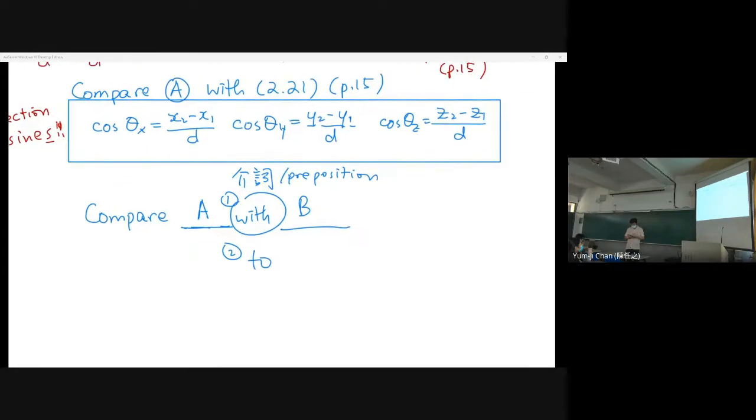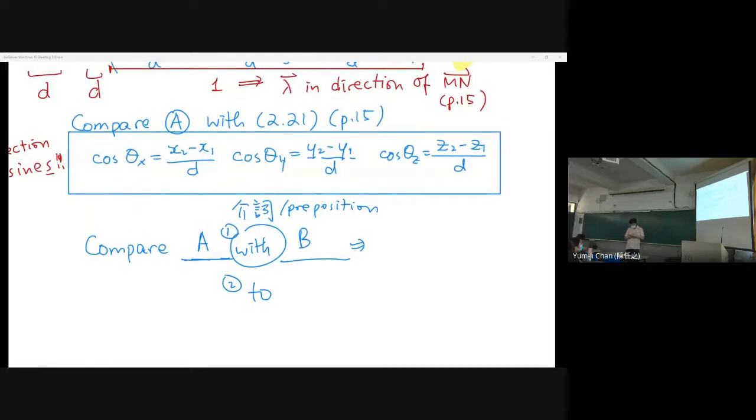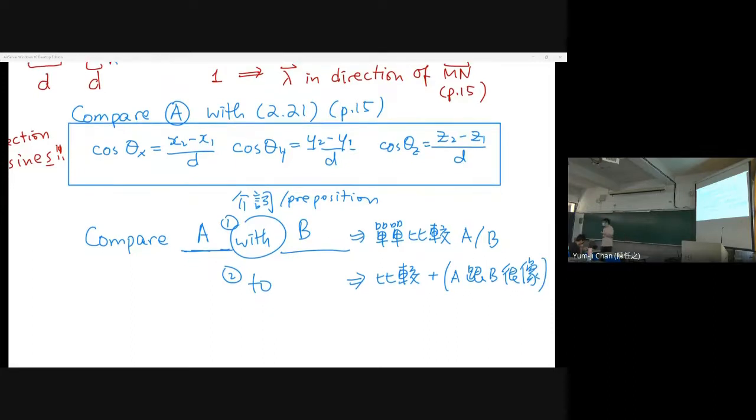Compare A with B is, we say what is the same between A and B and what's the difference between A and B. And compare A to B means, if you say compare A to B, you are saying what's the same and what's the difference between A and B, and you mean A and B are similar.